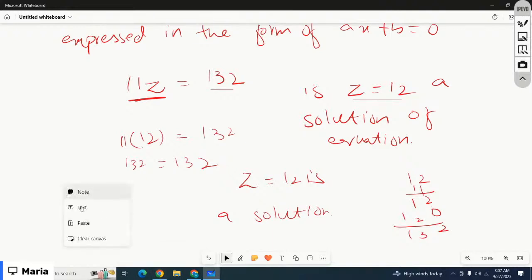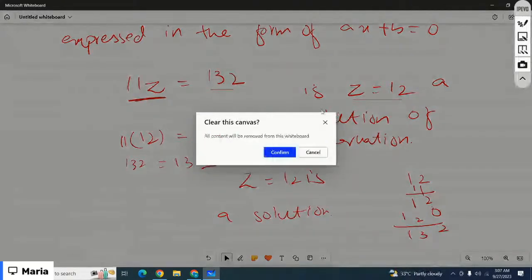Let's see another example. We are given the equation j divided by 86 equals 1, and you have to see, is j equals 86 a solution of the equation?